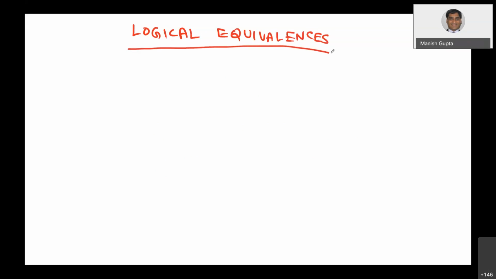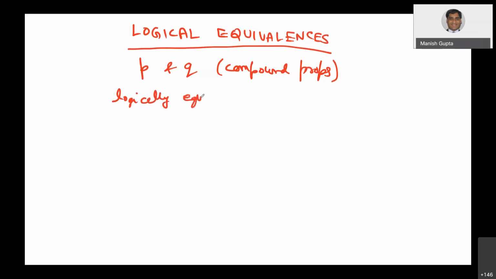Two compound propositions P and Q are called logically equivalent if and only if P if and only if Q is a tautology.